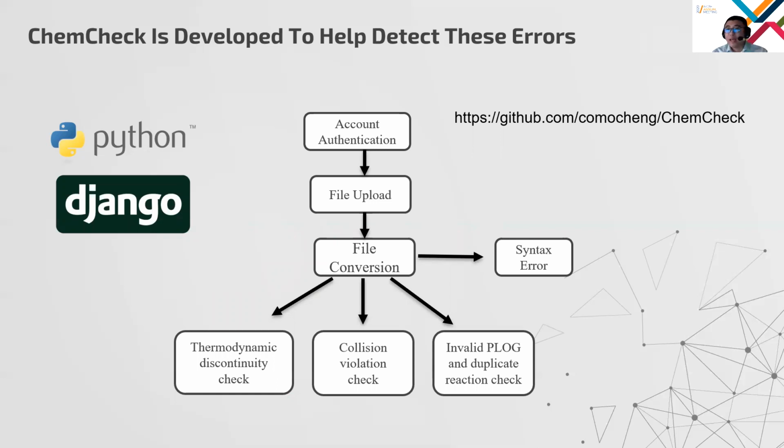Users can upload their files on the website and convert them to Cantera input files. If during the conversion there are any syntax errors in the CHEMKIN file, they will be reported on the website. And after we have the Cantera input file converted, we can start detecting physical errors.